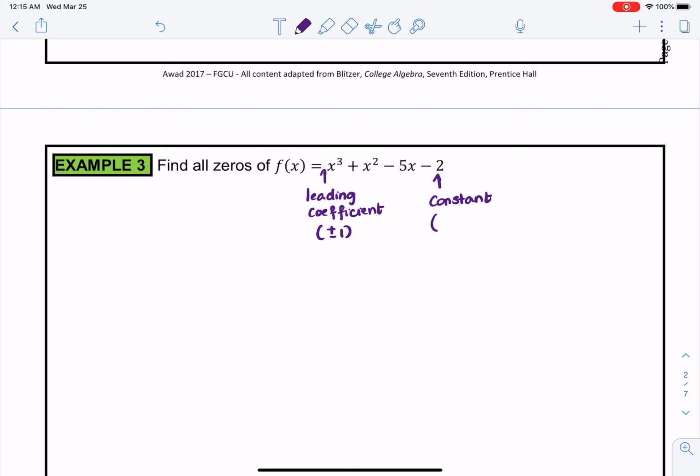And for the constant, we have plus or minus 1 and plus or minus 2. So the possible zeros are plus or minus 1 divided by plus or minus 1, plus or minus 2 divided by plus or minus 1. So the possible values are plus or minus 1 and plus or minus 2.